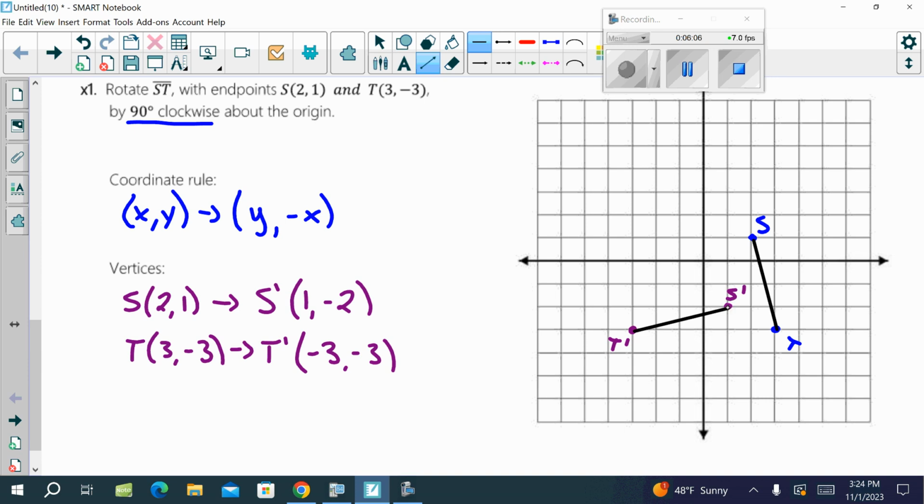So once again, you can take patty paper. You can put it up here. Trace ST. Hold your finger at the origin. And then rotate it until it's 90 degrees. And then you would get that S prime T prime. Any questions there? Okay.